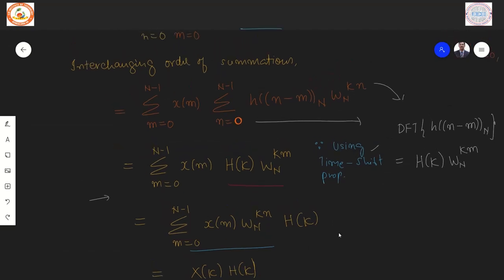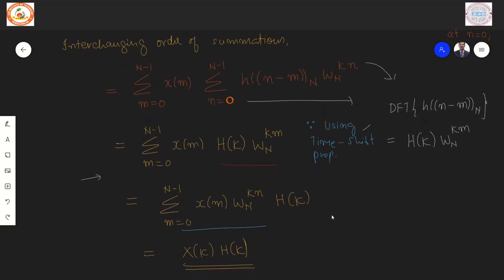So we have proved in a very simple way that convolution in the time domain, circular convolution in the time domain, results in multiplication of the DFTs in the frequency domain. This is called the circular convolution property, and it's a pretty important property also.